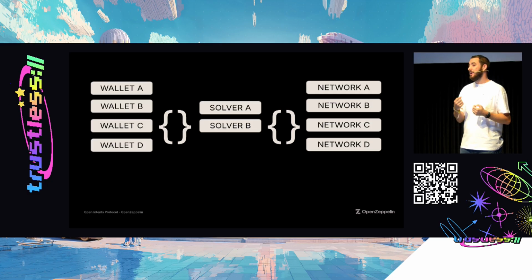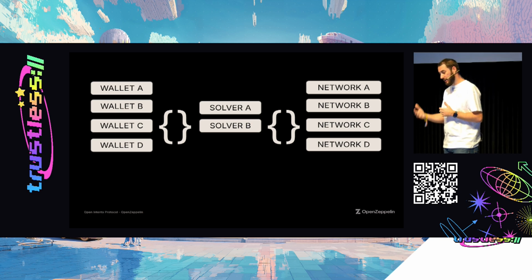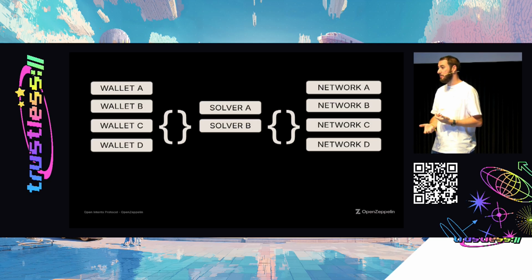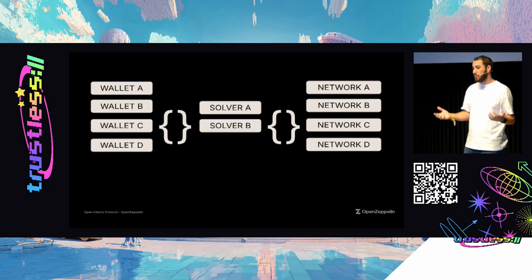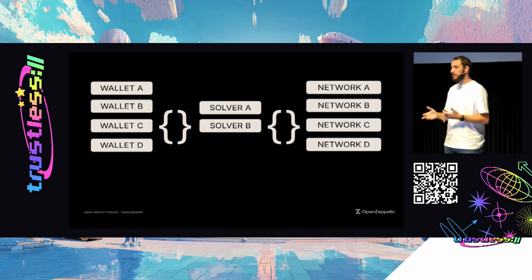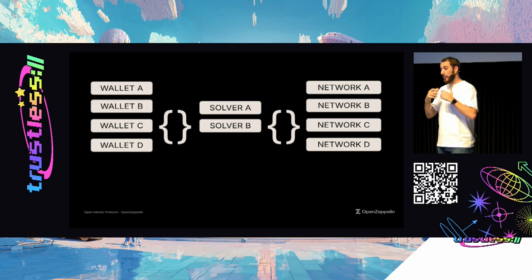The main benefit is being able to plug and play new components, new wallets, new networks, new protocols very easily with the same API. So imagine we have an ecosystem where multiple wallets are compatible with OIF, multiple solver networks, which we will go into in a little bit on what a solver network is, operate within different networks.